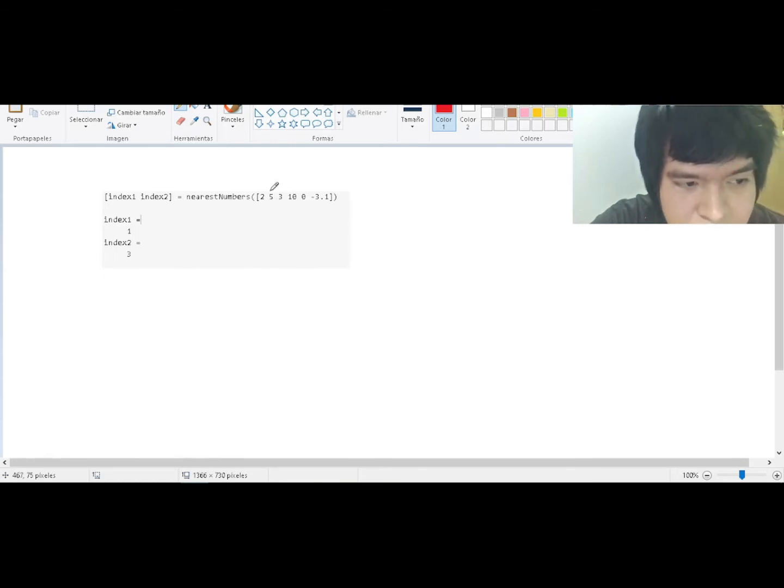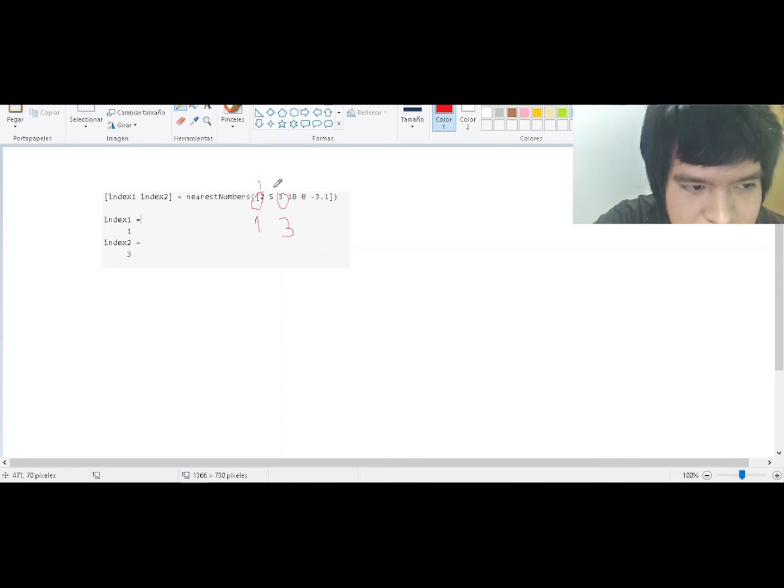And after we find this pair, which is 2 and 3, we have to give the indices. Since 2 is the lowest number, we return its index, which is 1, and 3 is the greater value, so you return the index 3.